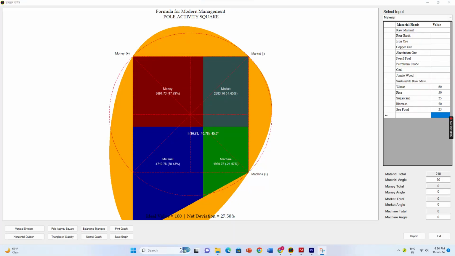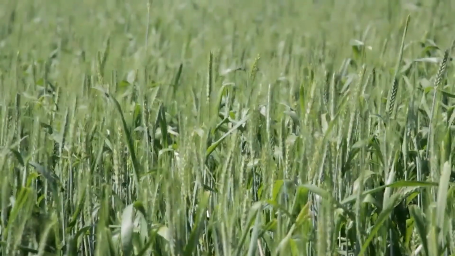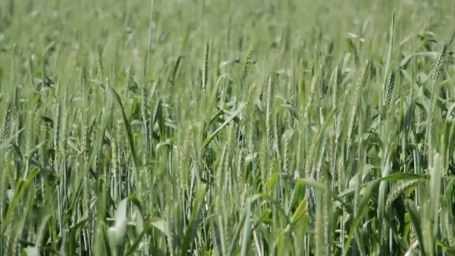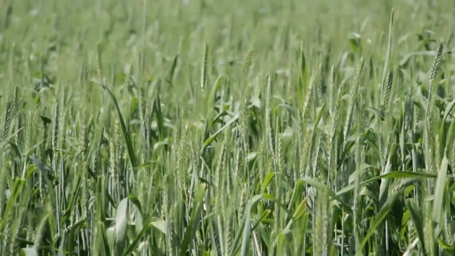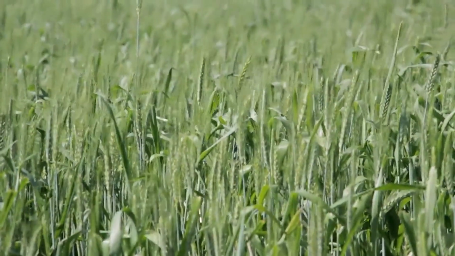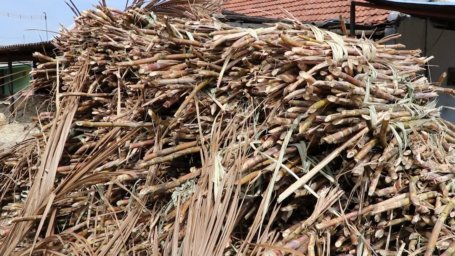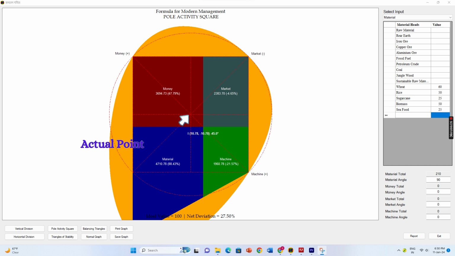Similarly, there are raw materials which are sustainable in nature. Every 6 months, 3 months, 4 months, one can rotate the crop depending on the climatic conditions of those regions which produce wheat, rice, sugarcane, biomass, and seafood. Maximum production worldwide is of wheat.